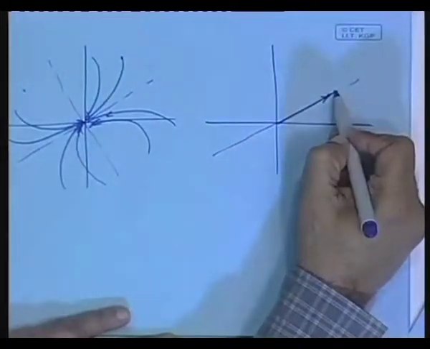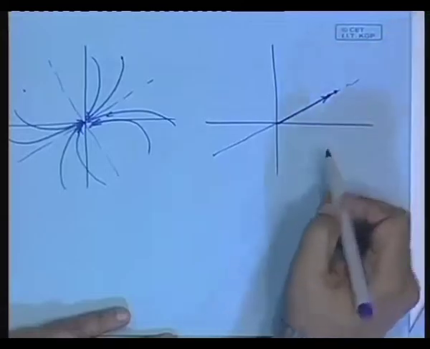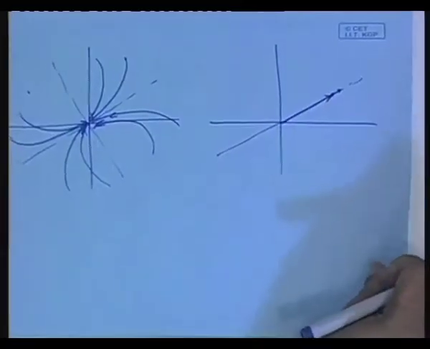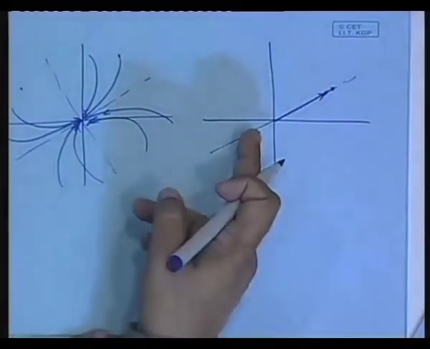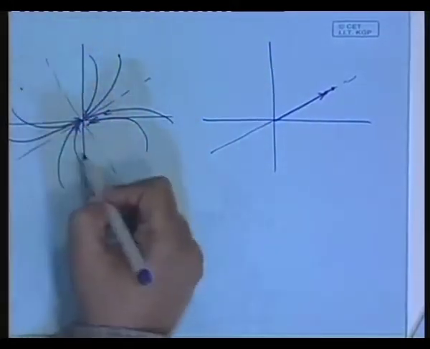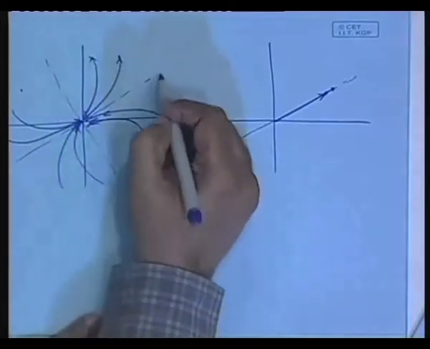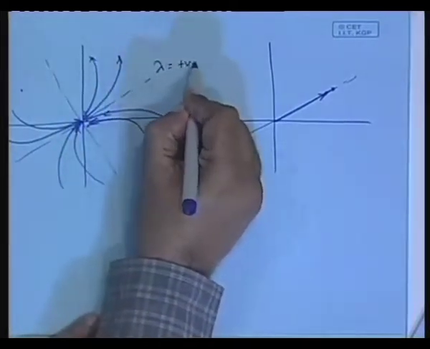As it goes here, it again has a vector pointing outwards, and so on and so forth. So similarly it will go out. Therefore its vector field picture will look similar, only with the arrows pointing in the outward directions for positive lambda.